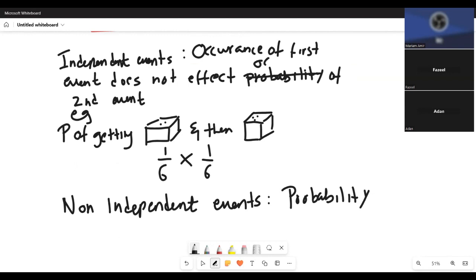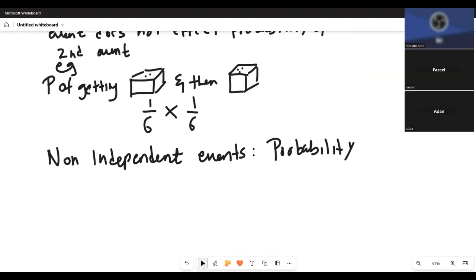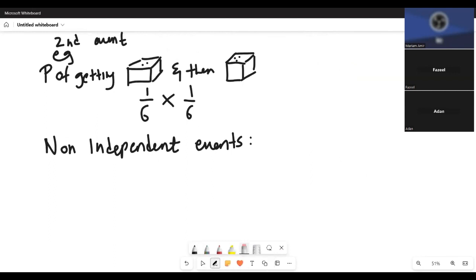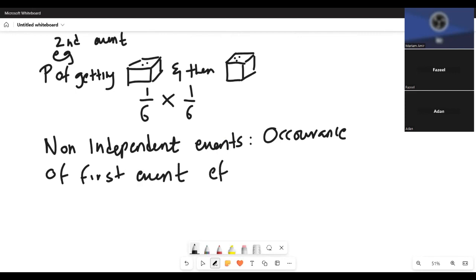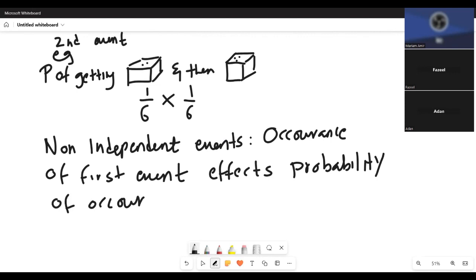Probability and occurrence are both fine, by the way. Okay. Non-independent events are when the occurrence of the first event affects the probability of occurrence of the second event.